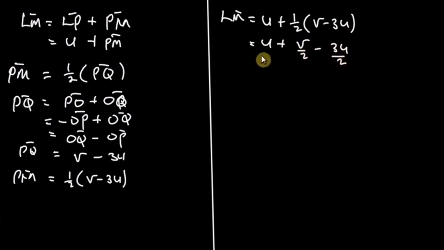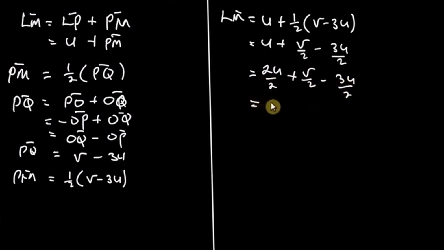So we find our LCM and we convert u to 2u over 2. And this is just to get the denominators of all terms to be equal to 2. So it's 2u over 2 plus v over 2 minus 3u over 2. So negative 3u plus 2u is going to give me negative 1u over 2.